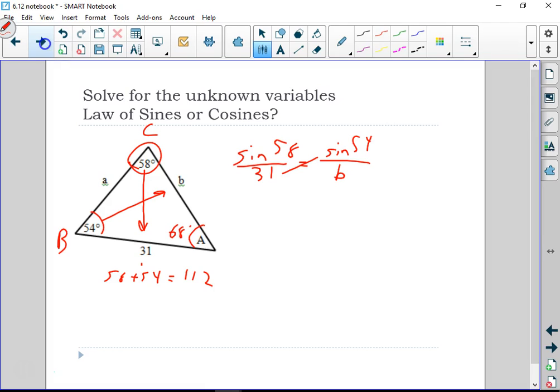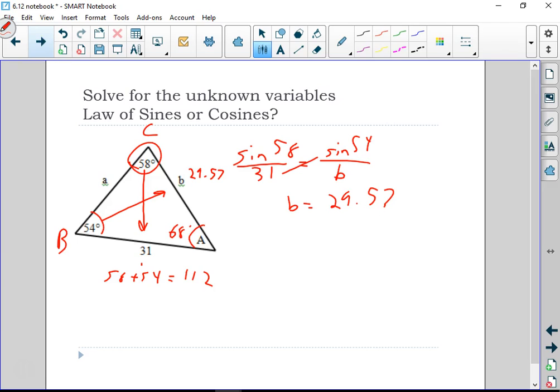I'm going to do 31 times sine 54 divided by the sine of 58. And that's going to give me B is equal to 29.57. Right here.